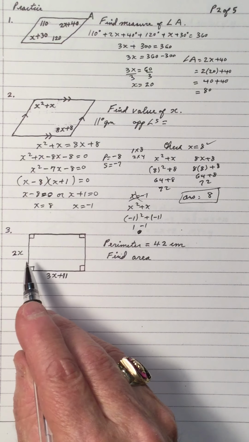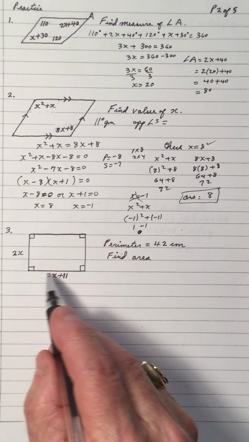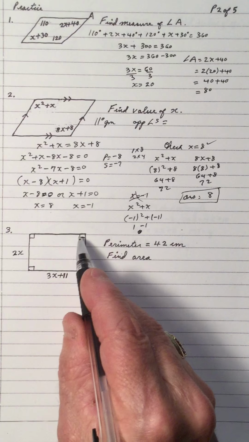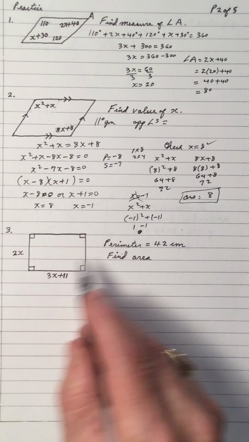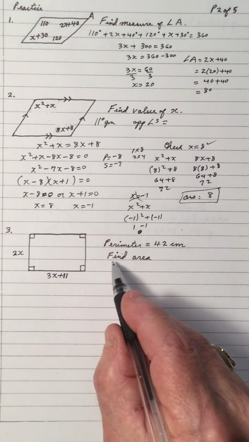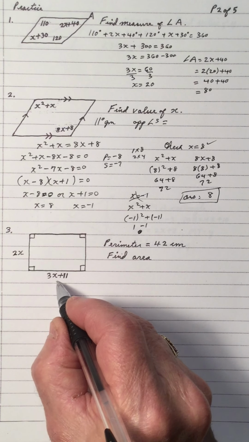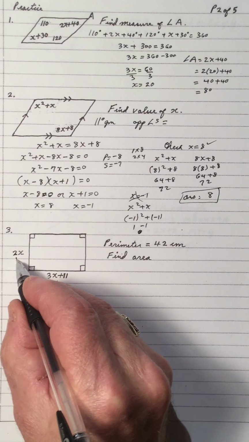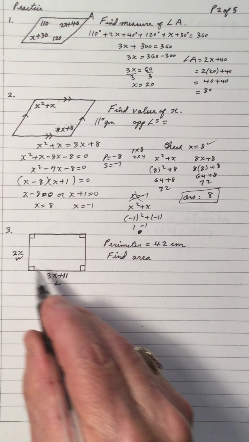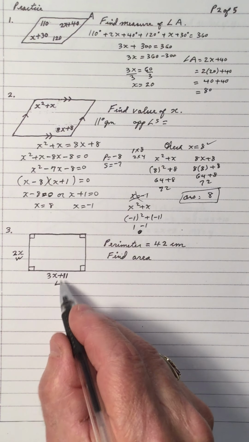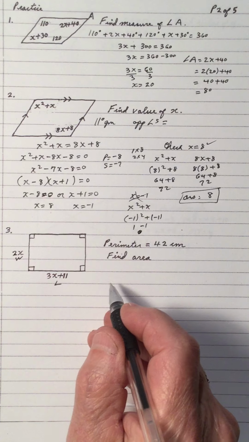And number 3, it looks like I have a rectangle, 4 right angles. The perimeter is 42, find its area. So 3x plus 11, that's the length, and this is the width. Remember, 3x is bigger than 2x, and you add on 11, so that's the length and the width.